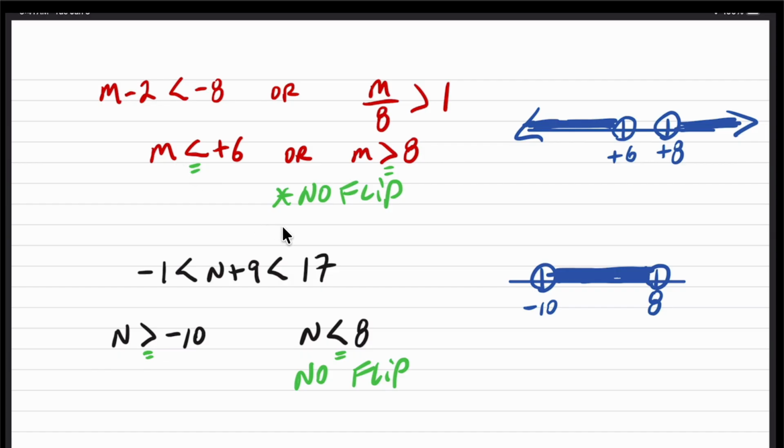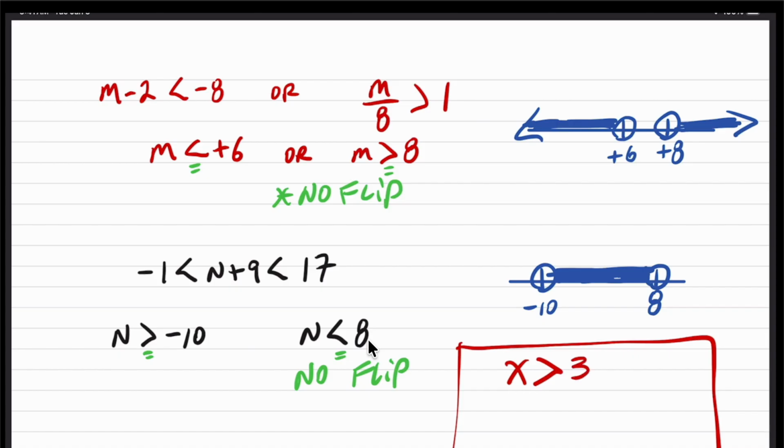Now, most of the time when you see a problem that does not conform to this, and we're going to do a few examples in a moment, you're going to have either a flip of the sign as you're solving, or it's going to violate this pattern. So for example, you might have something like this. X is greater than 3 and X is greater than 7.